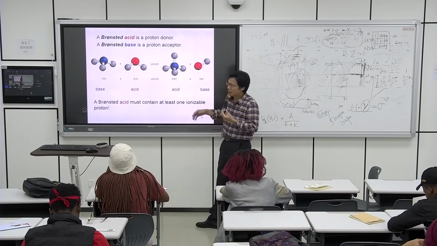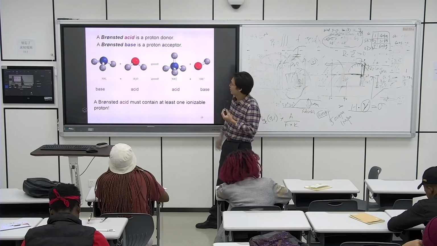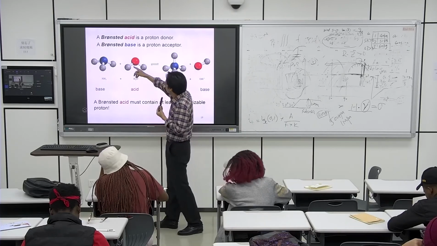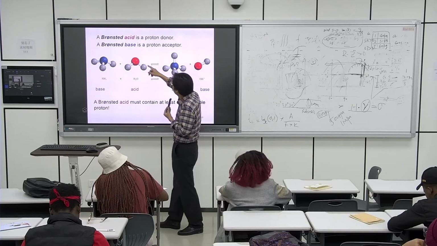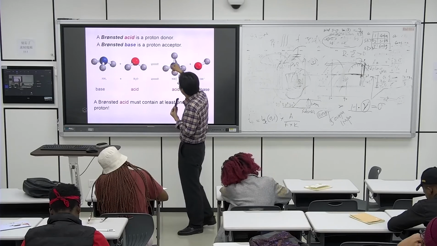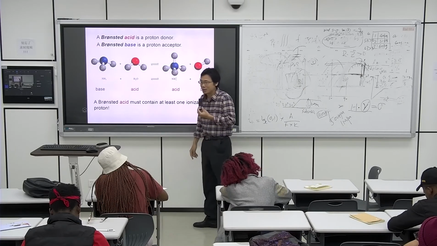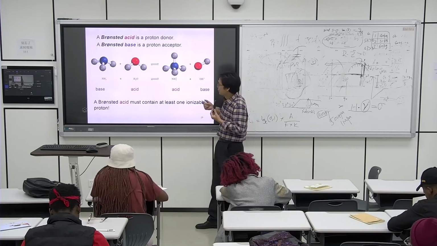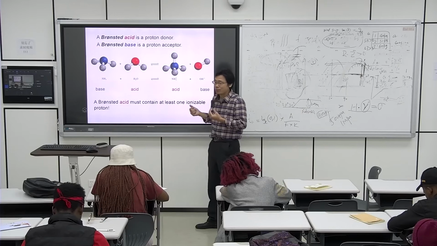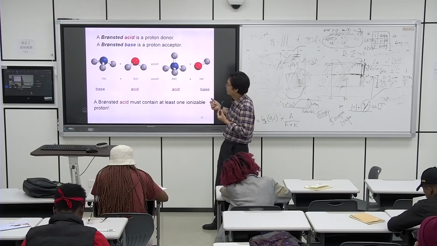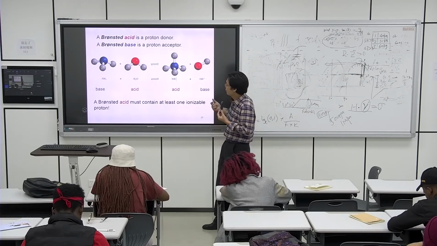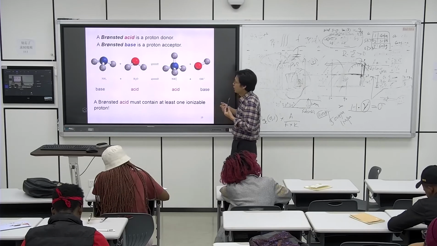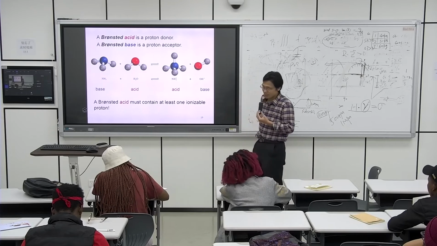It means it can release protons. And the base, Bronsted base, is a proton acceptor. This means if the substance can release proton, it's called acid. If it can accept proton, it's called base.